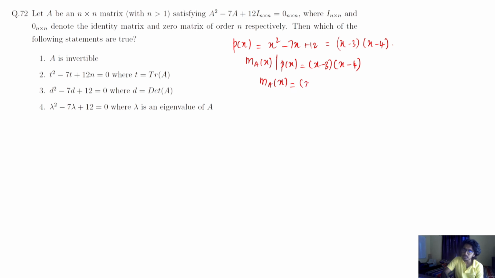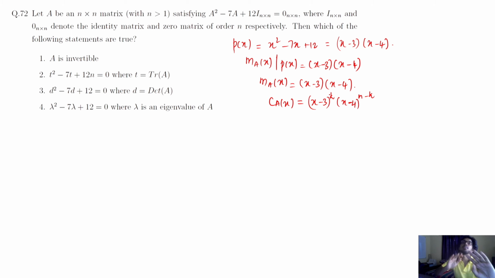But you don't know what the order of the matrix is. If you find the characteristic polynomial of this matrix, it is x minus 3 to the power k times x minus 4 to the power n minus k.